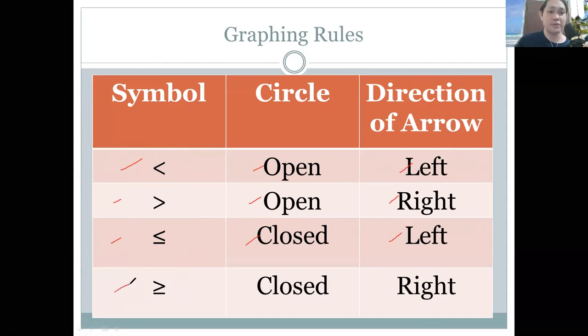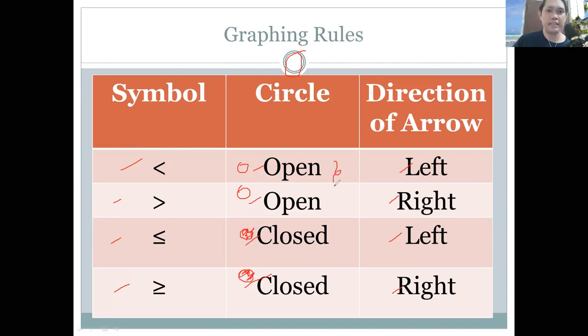And for greater than or equal to, the circle is closed and the arrow is going to the right. Please remember, open means open circles, and closed circles are shaded.